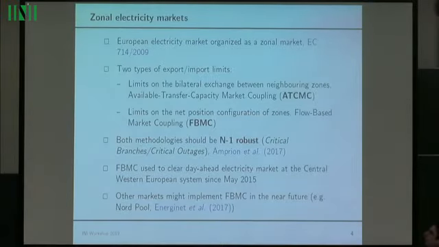So, why are we looking at the topic? As some of you may know, Europe, after a long policy evolution, has decided to commit to zonal electricity markets. This was ratified in the 2009 regulation of the European Commission.